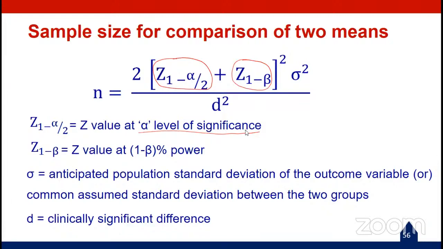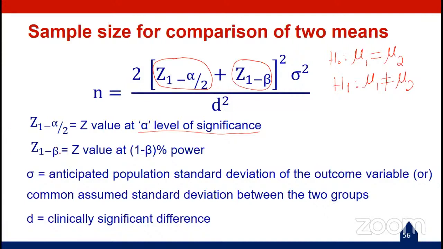Level of significance we are using because it involves hypothesis testing. So our null hypothesis may be mean of group 1 will be equal to mean of group 2. Alternate hypothesis, mean of group 1 not equal to mean of group 2. So there is some well-defined hypothesis, so we use the term level of significance.